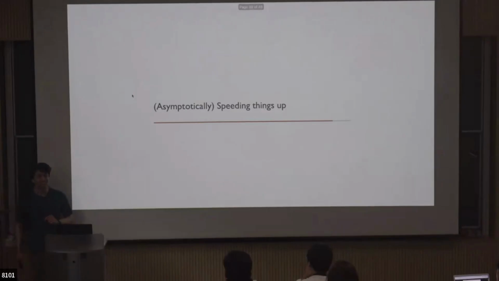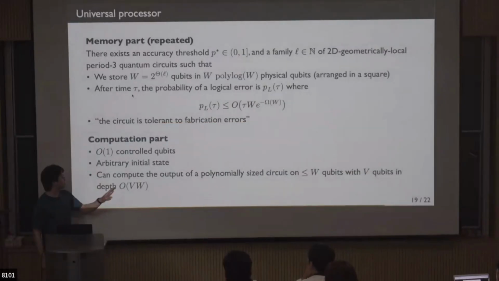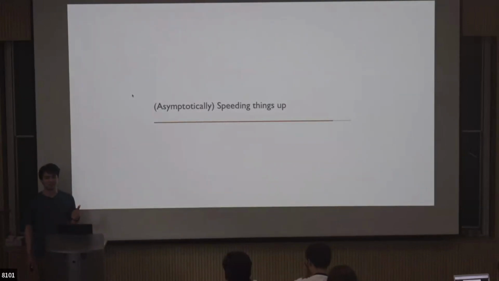Okay. So was V the number of controlled qubits? Yeah, sorry. V is the number of gates in the circuit, and W is the number of qubits in the circuit. So it's kind of the space times the overall gate count, which is quite bad. So let's speed things up.